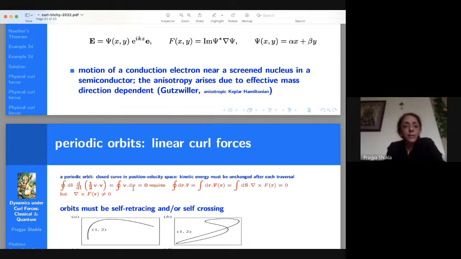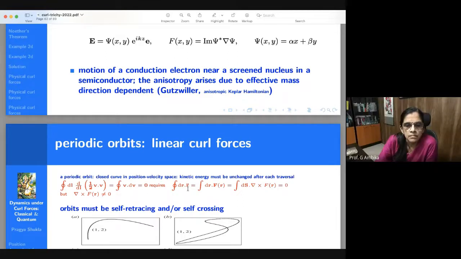You can simplify this: v dot dv, because dl goes away. So v dot dv is equal to 0. So what does this require? You can rewrite this whole thing: v dot dv is equal to 0, dr dot r double dot. Exactly, because v is dr by dt, and dv, take dt here, so it becomes dr dot r double dot.